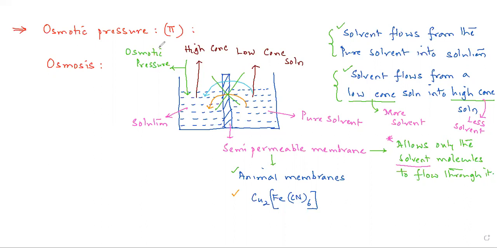Now suppose the pressure applied on the solution is more than what is required to stop or prevent the flow of solvent into the solution, then the solvent flows in the reverse direction.